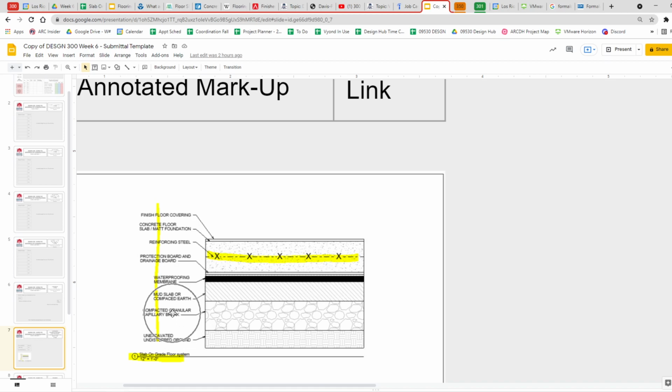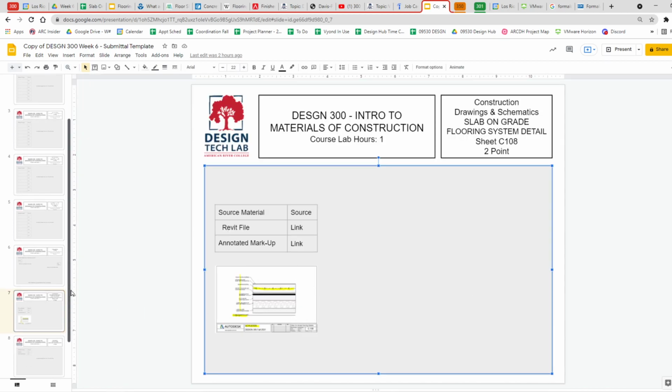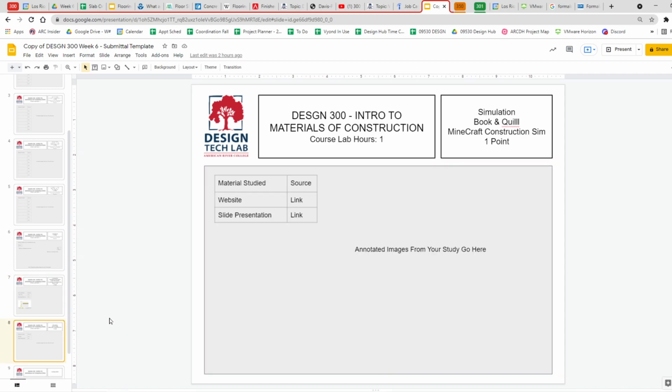This is what we called that compaction. And look, that's not even spelled right. You'd have to go back in and spell that right. So you're going to get to learn how to get into Revit and do that. And then the last one is, if you can get on, we've got the book and Quilt.